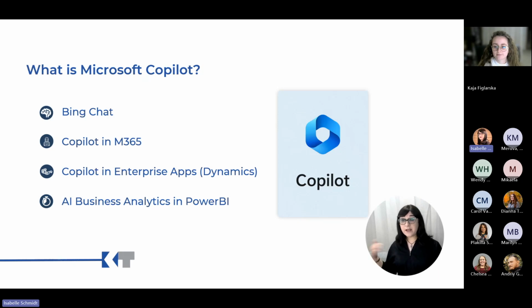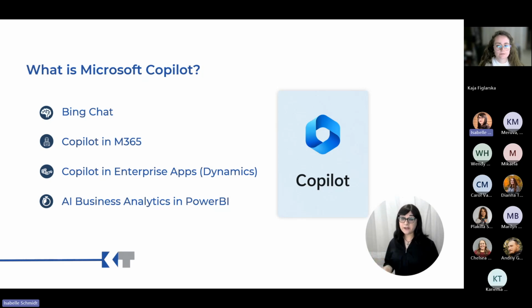That's Copilot in your Microsoft Modern Workplace, in your Microsoft Word, your Outlook, your SharePoint, your Microsoft Teams. Copilot for Microsoft 365 is that integration with Microsoft Office. Copilot also exists for enterprise apps like Dynamics or Power BI for business analytics. Those are very high-end enterprise tools, and we're not really going to be touching on those today.